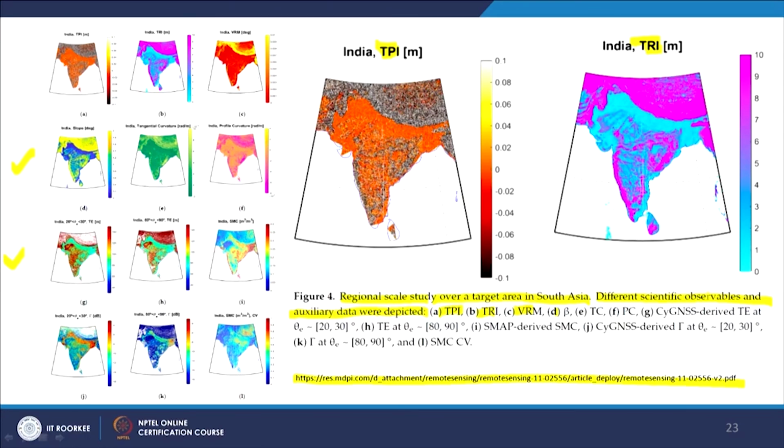What is the input? A coarse resolution digital elevation model to cover a regional or continental scale analysis. So, this brings to an end this discussion about TPI, TRI and their comparison and various other related indexes.